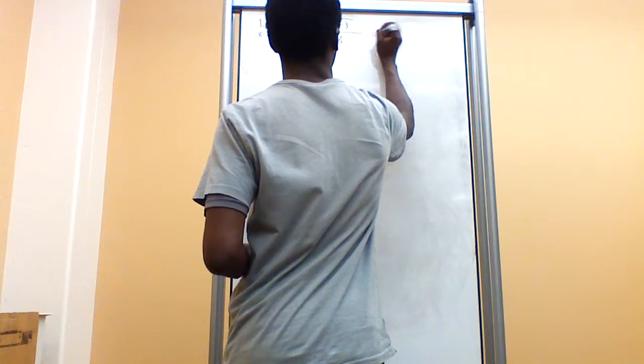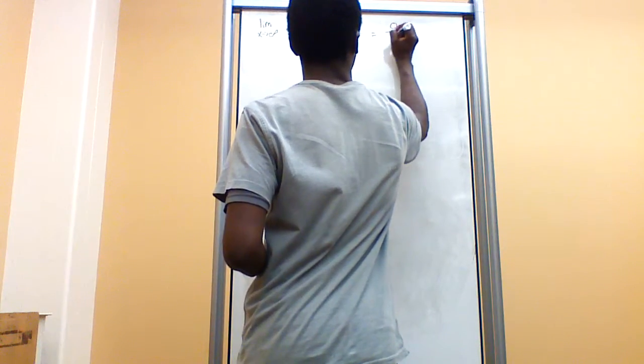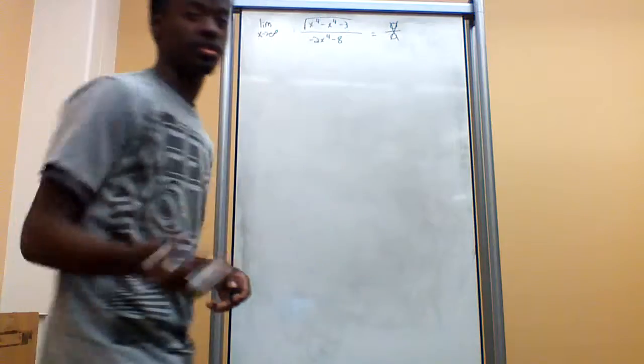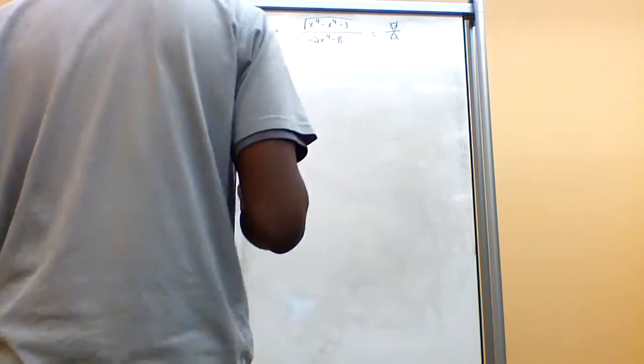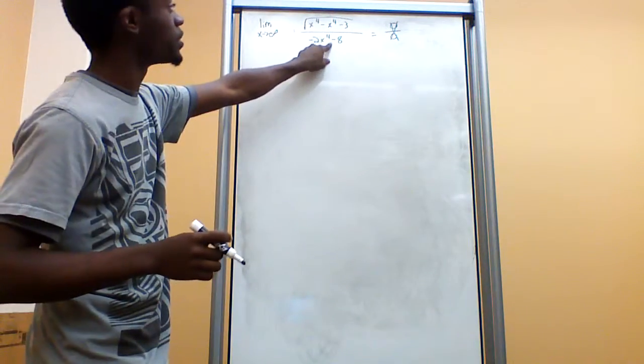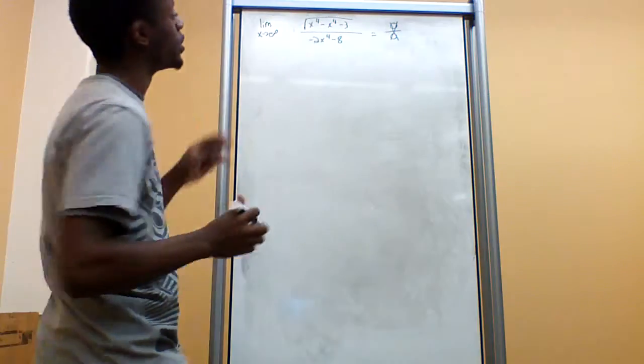Okay. And now we are going to direct substitute, and this is going to give us 0 over 0. It's indeterminate, so now we have to change the way that the function looks. And the way that we're going to do that is we're going to take out x over 4 on the top and the bottom.